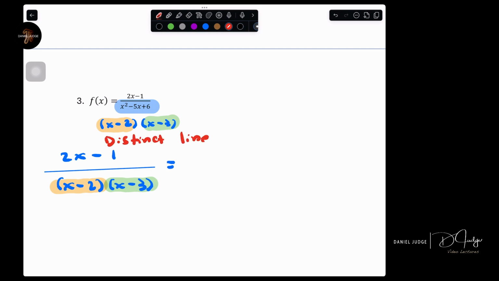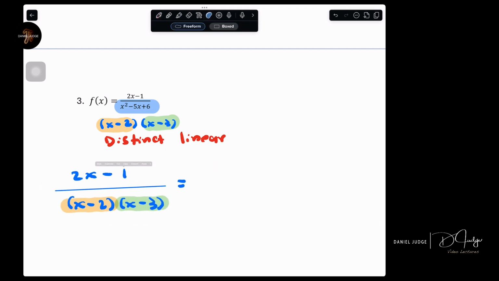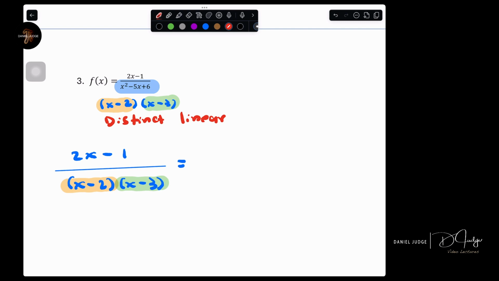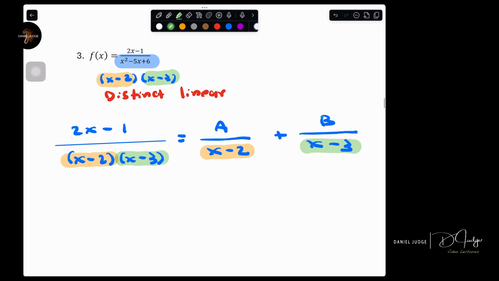So for every linear factor, we write it as a fraction where you have a constant a over those linear factors. Cross multiply.